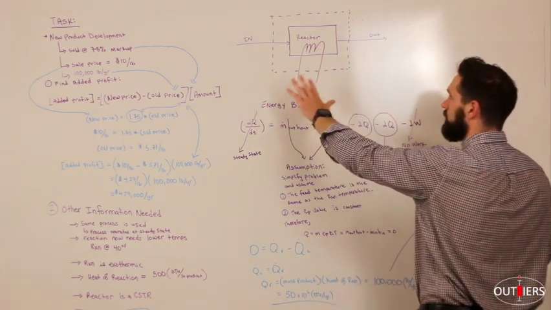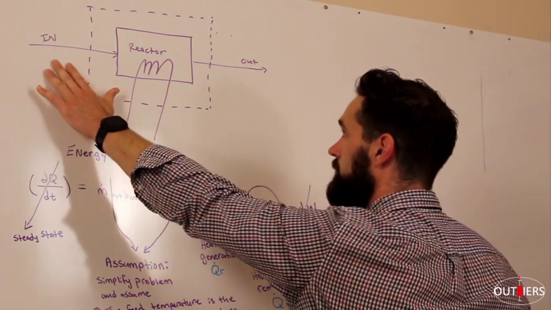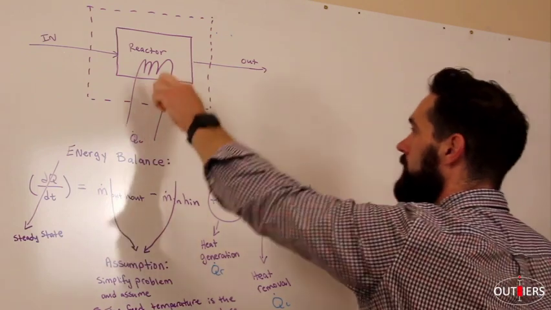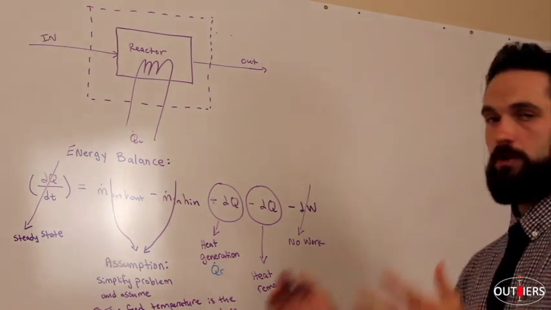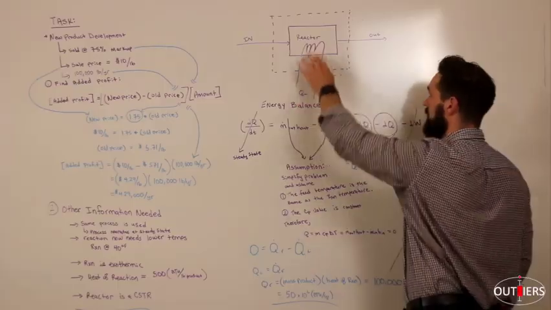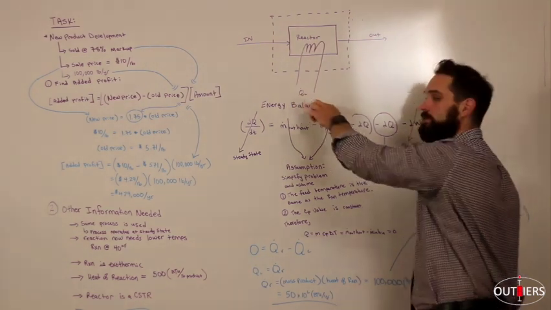I've just drawn a basic flow diagram here for a reactor. So we have an inlet stream, we have our reactor, we have our outlet stream, and what I've drawn here, this little crooked line, is supposed to show heat transfer. Okay, this isn't mass entering the system, this is just energy transferred between the reactor and some other source here we'll call QC.